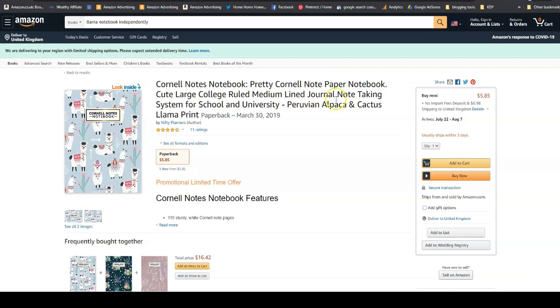College-ruled, medium-lined journal note-taking system for school and university. It doesn't read very well. It seems too long. And it's good that they've got keywords in here, because the other thing I will tell you is that, you know, you have the back-end keywords, the 7 keyword slots that you fill out. Amazon rates these above the 7 keyword slots.